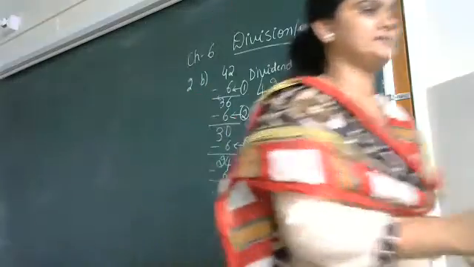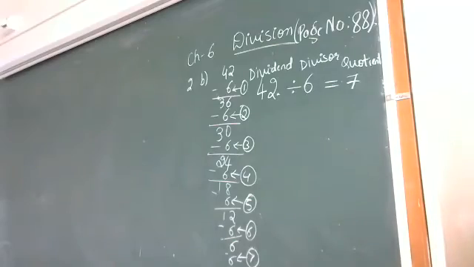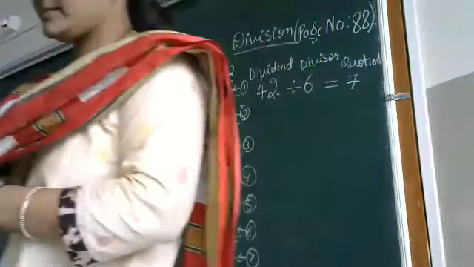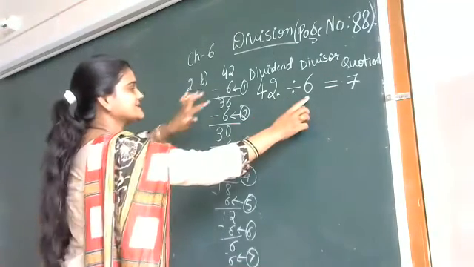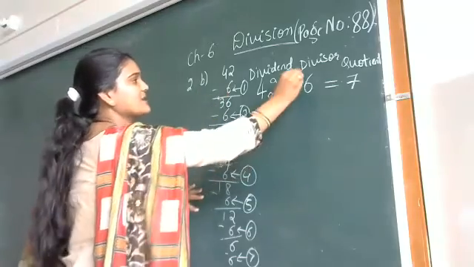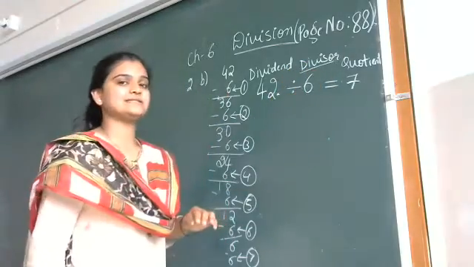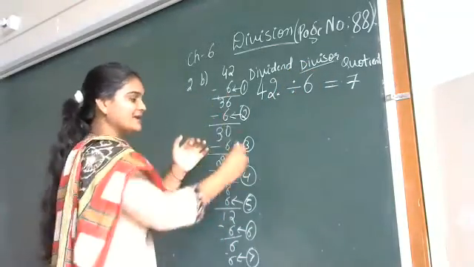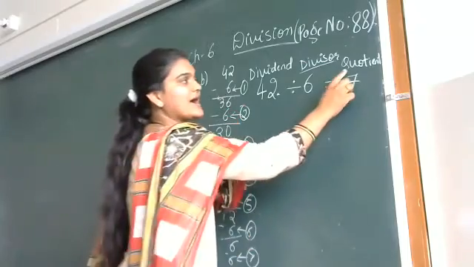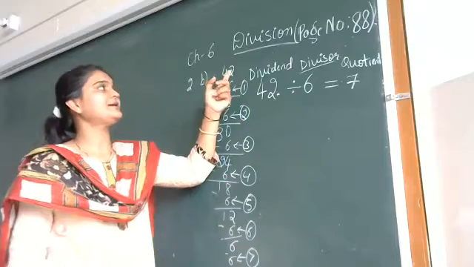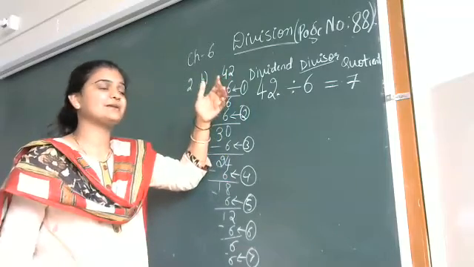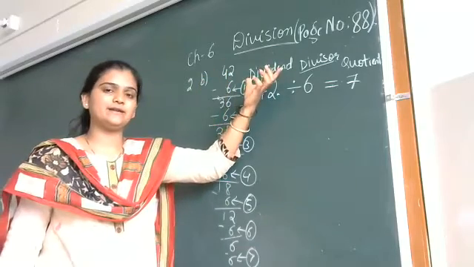Clear? Yes, ma'am. I hope the board is visible. So here the number 6 is undergoing repeated subtraction, which comes under divisor. How many times it is undergoing subtraction will be our quotient. Don't get confused. The bigger number from which we first subtract is our dividend.